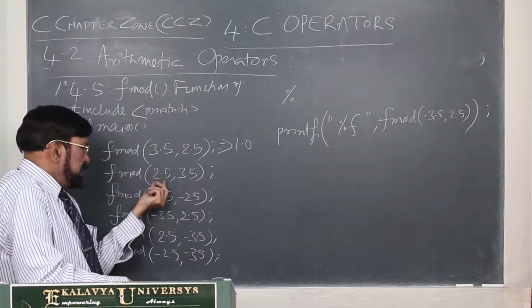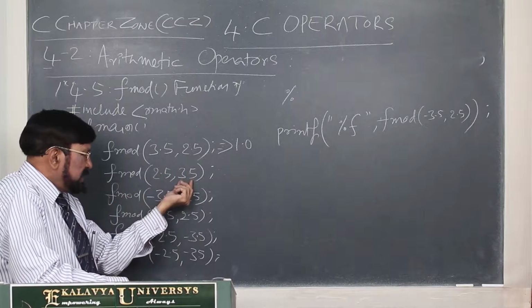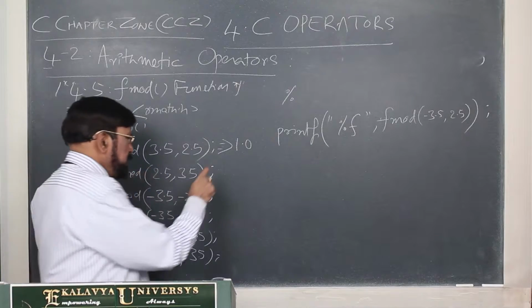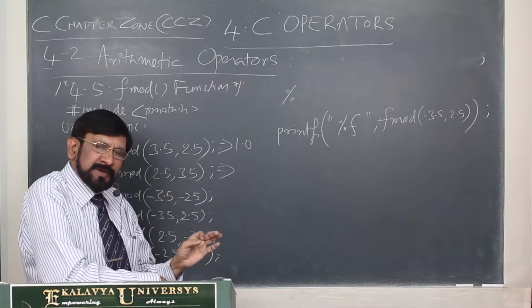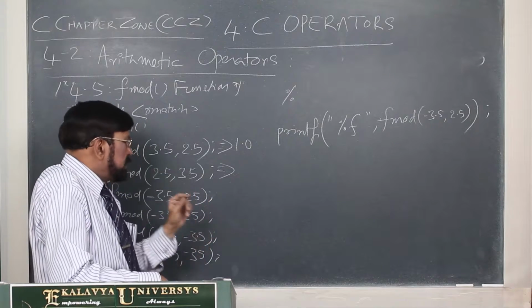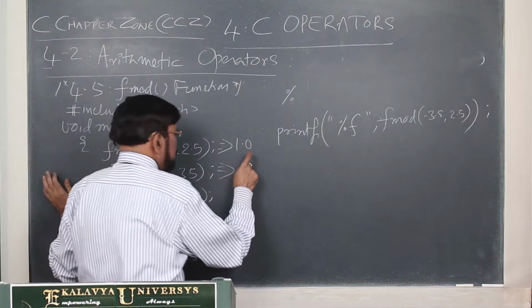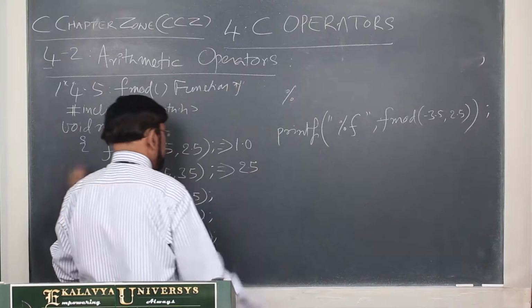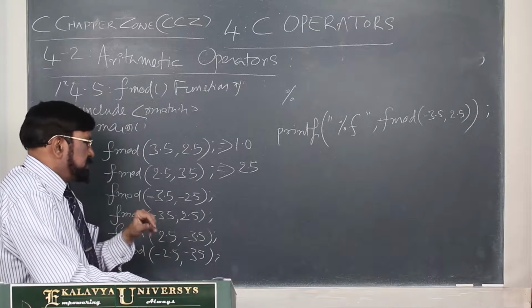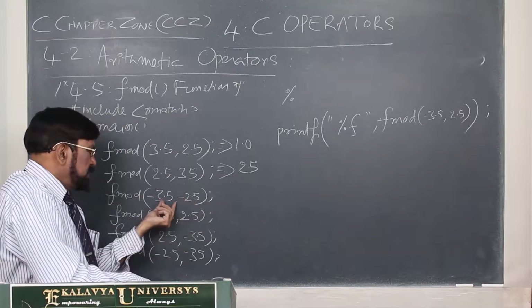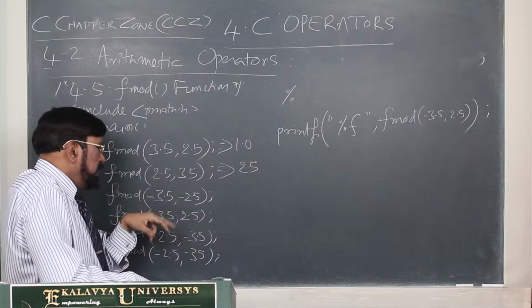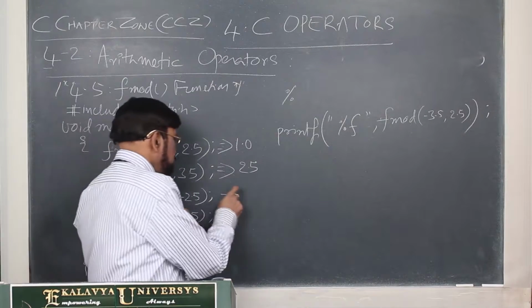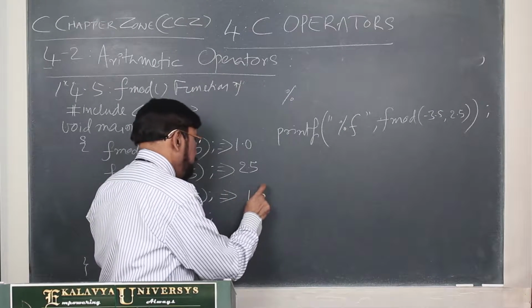Second one: here the numerator is less than the denominator. The same principle I explained is applicable here. If the numerator is less than the denominator, the numerator itself is the result. Okay. Next, in this case 3.5 and 2.5. This is normal, and now the result is 1.0.